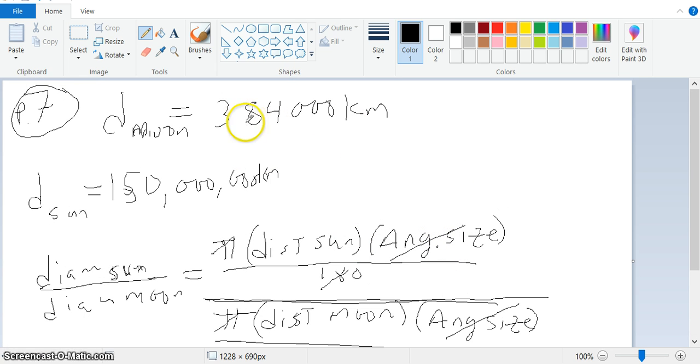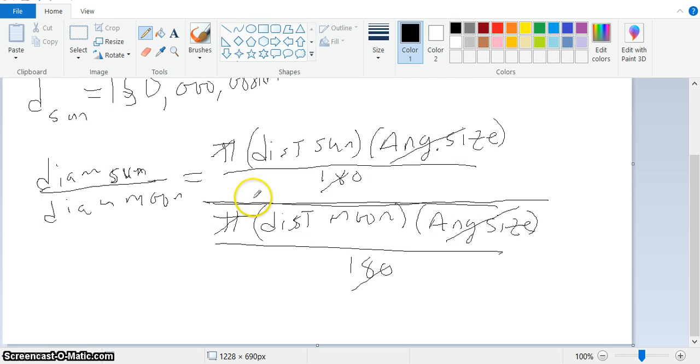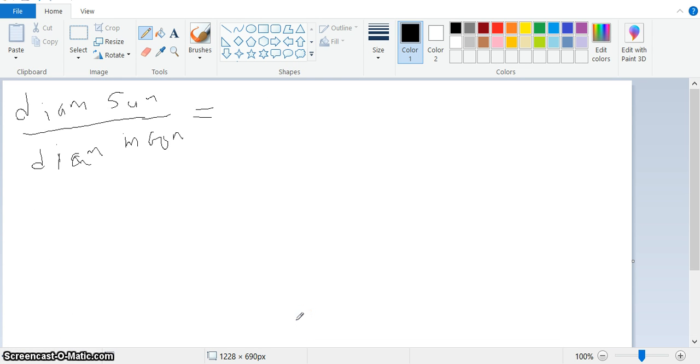Since we know both of those values, we're going to go ahead and calculate that. The diameter of the sun to the diameter of the moon is going to be, remember, all those other things canceled, so I'm going to write it in scientific notation to make my life a little bit simpler.